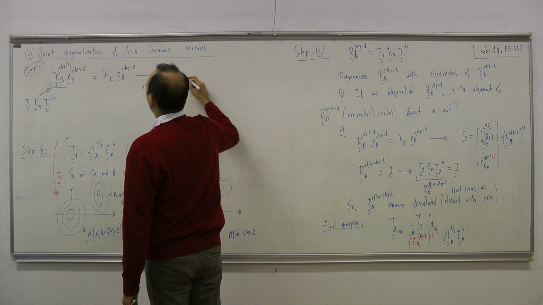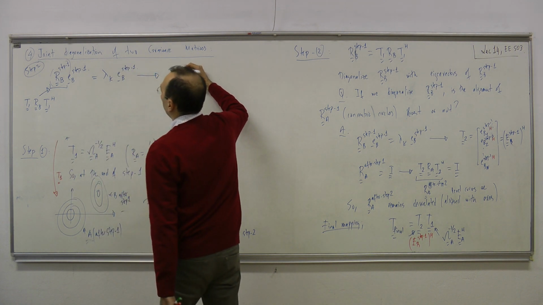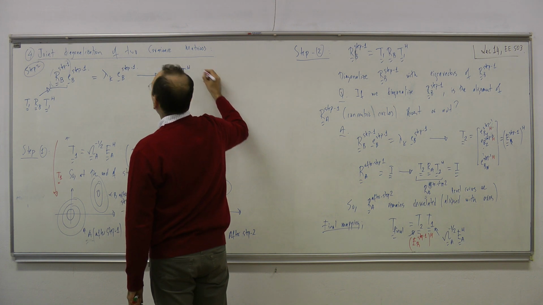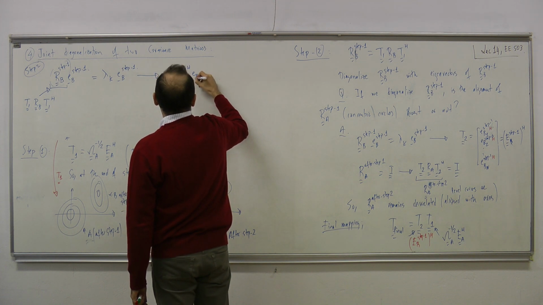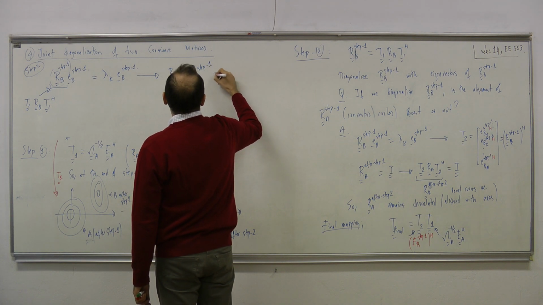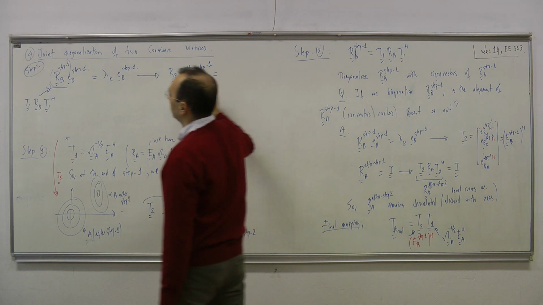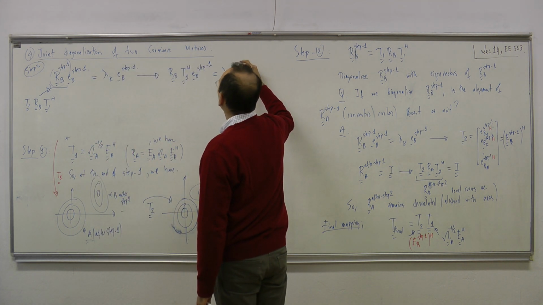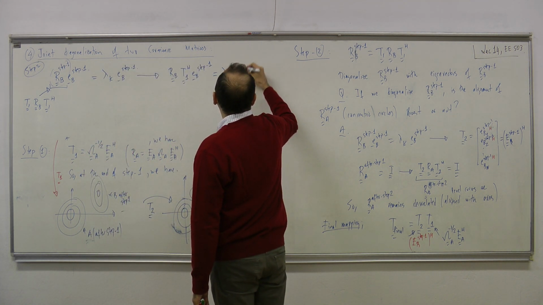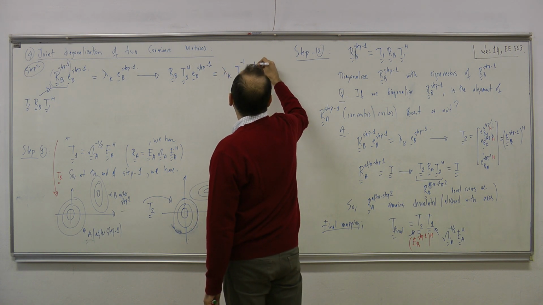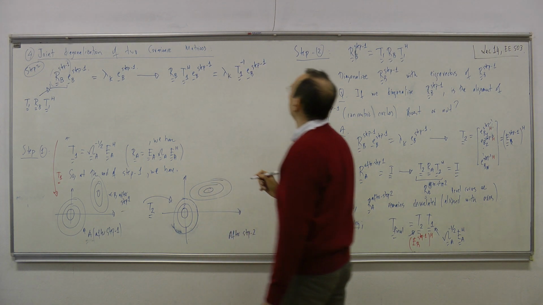RB, then T1 permutation, EB step number 1 is equal to lambda k T1 inverse EB step number 1. Okay.